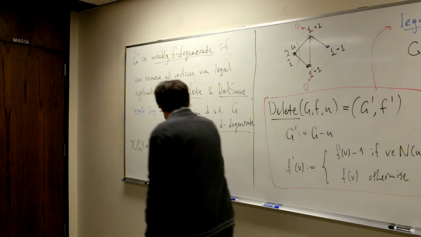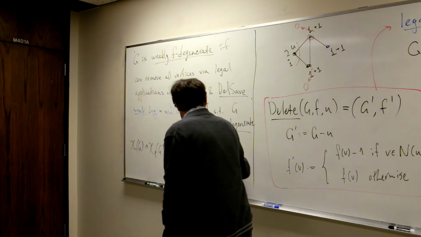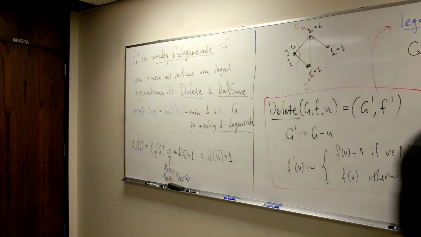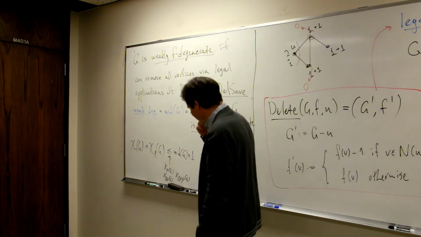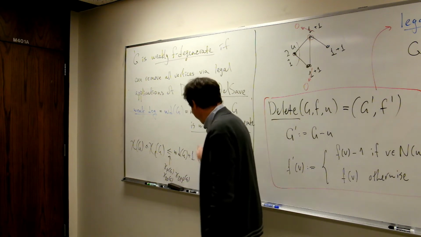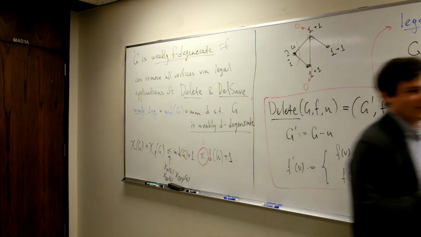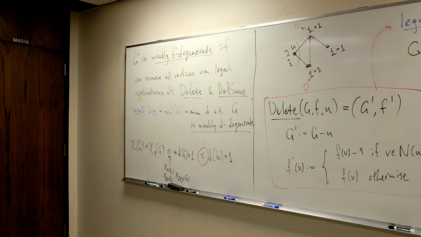Which, of course, is itself bounded by the usual degeneracy. If a graph is degenerate, it's also weakly degenerate. So we have this chain of inequalities, and now the question that I want to focus on for the rest of the talk is, how far can we go here? Is this really a significant improvement, or are there cases in which it's a significant improvement?